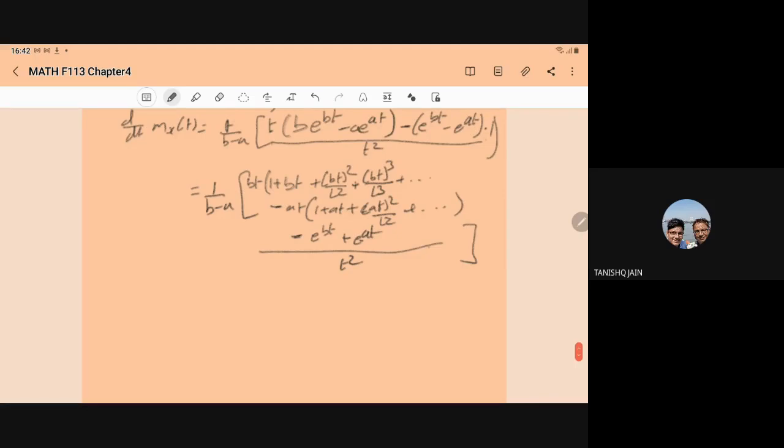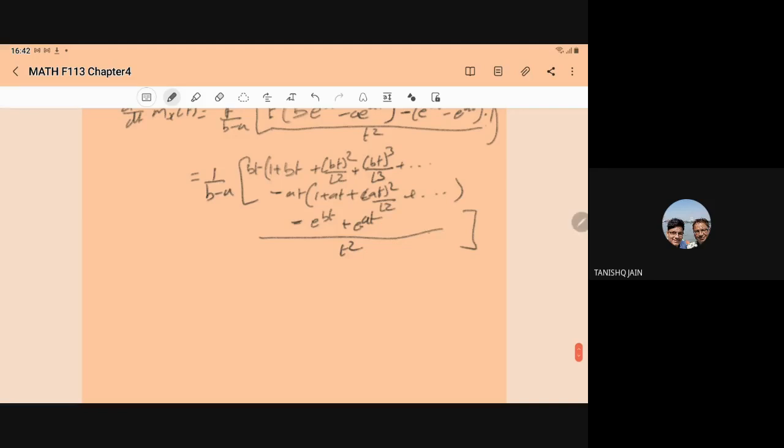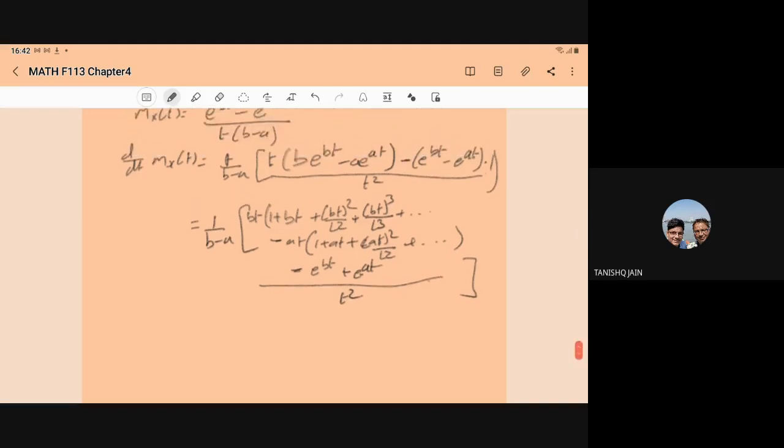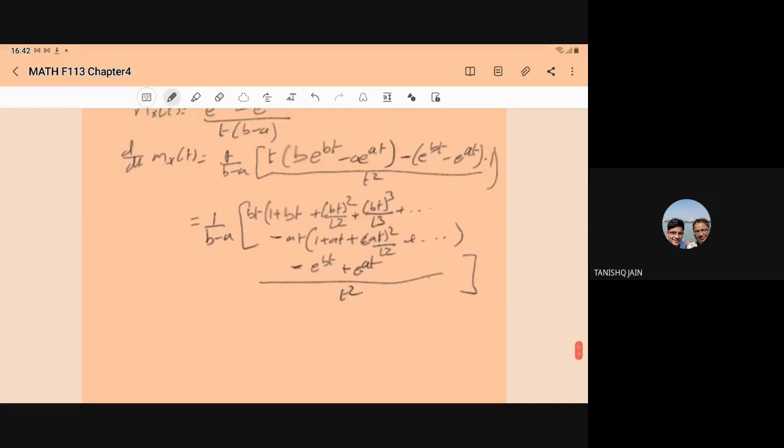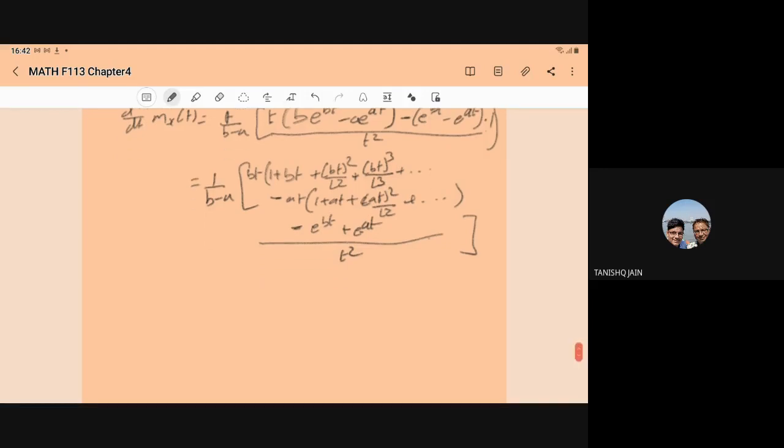So here in this case, if you multiply with this, you will get bt, and here it will become b square t square.